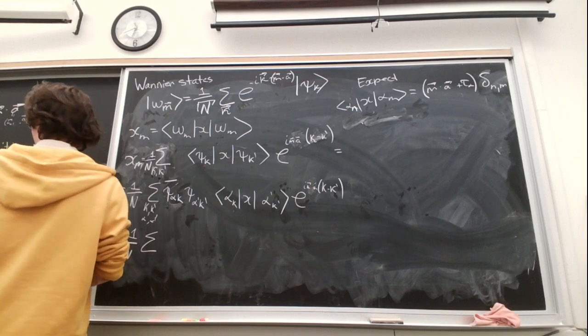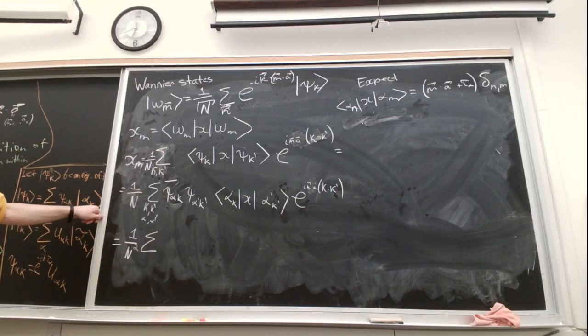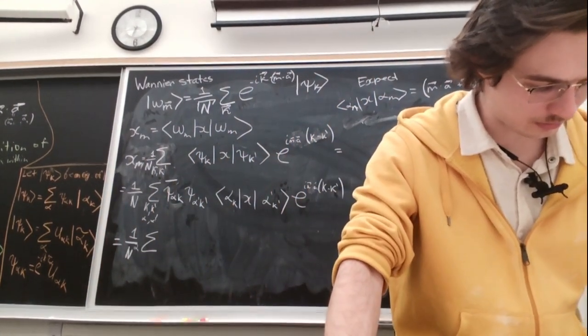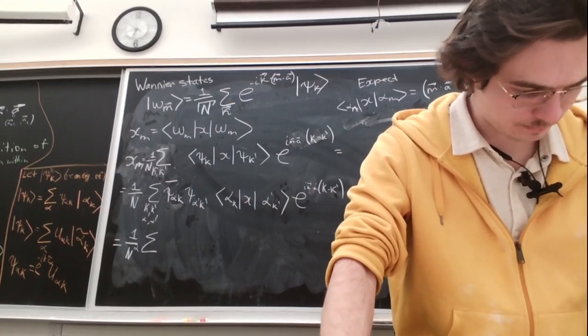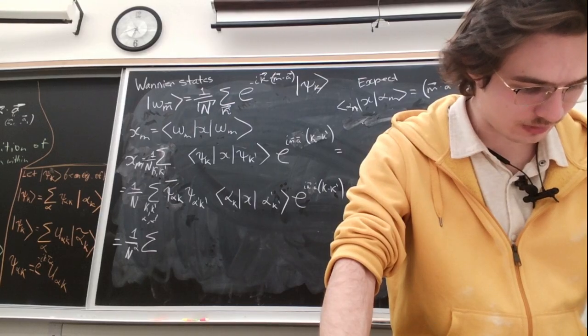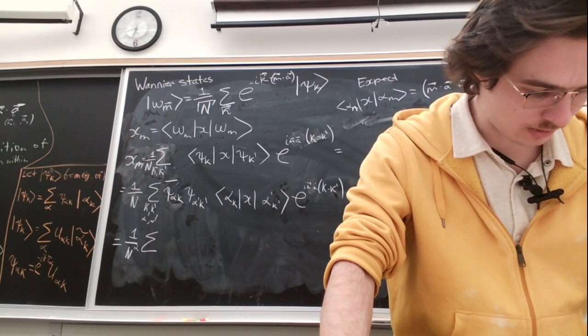Okay, now I have 1 over n squared even. Was I supposed to get rid of a sum somewhere at some point? I think those sums will all disappear on their own once I go to position basis. Sorry, let me just double check that I'm computing the right thing. Oh, I see. They did it much simpler than what I did.